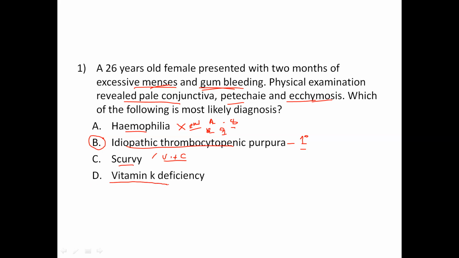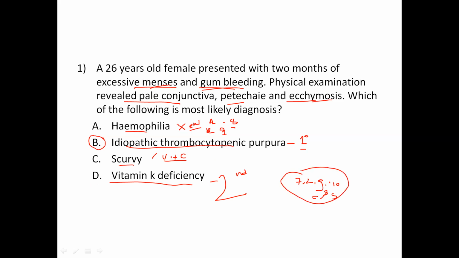The other is vitamin K deficiency. Is vitamin K deficiency a primary hemostatic disorder? No, it is a secondary hemostatic disorder. Vitamin K is very important in gamma carboxylation of factors 7, 2, 9 and 10, as well as proteins C and S. If there is vitamin K deficiency, gamma carboxylation of those factors is affected, and their function is affected.